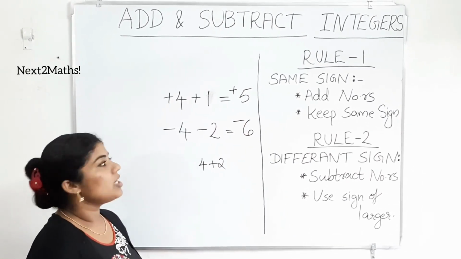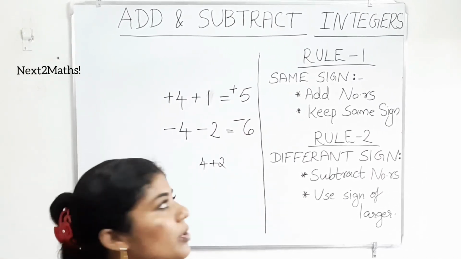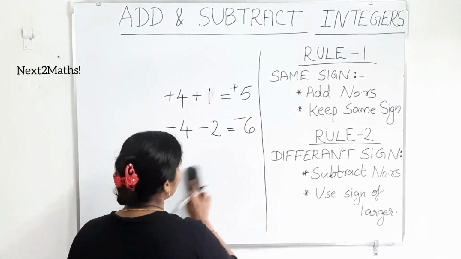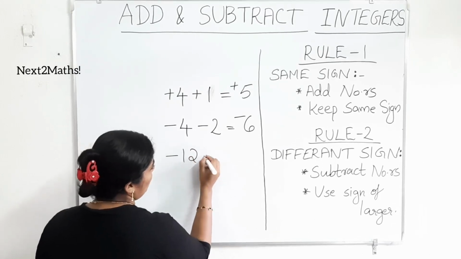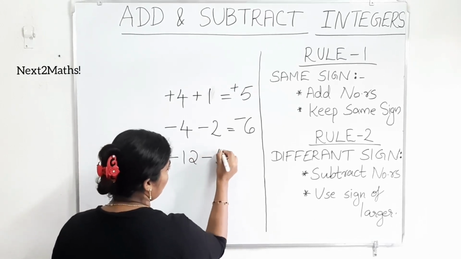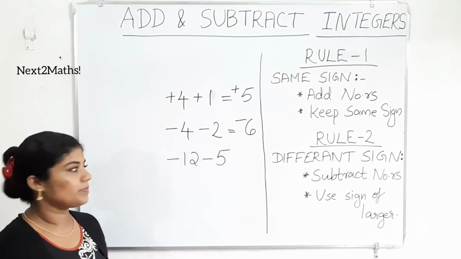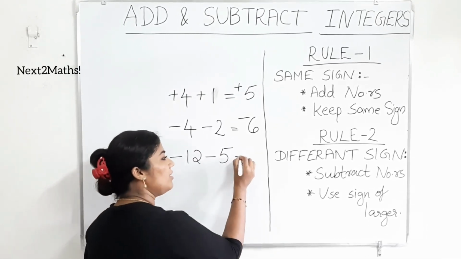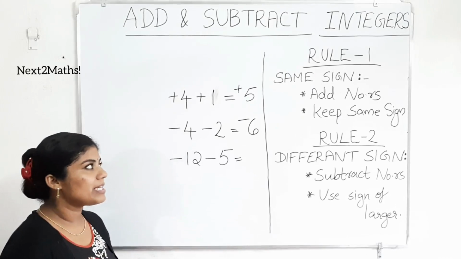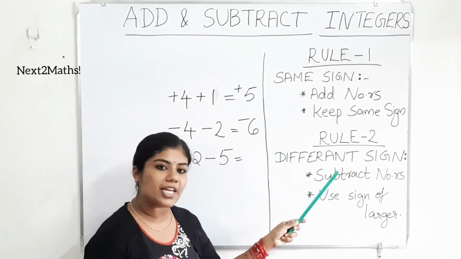I will write one more example here. Let's write minus 12 minus 5. Are the numbers with the same sign or different sign?